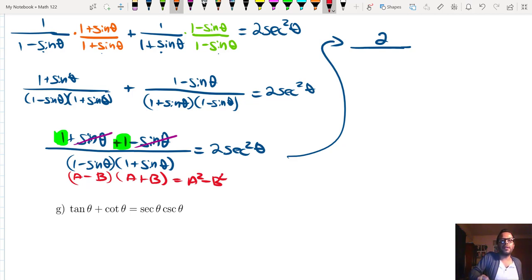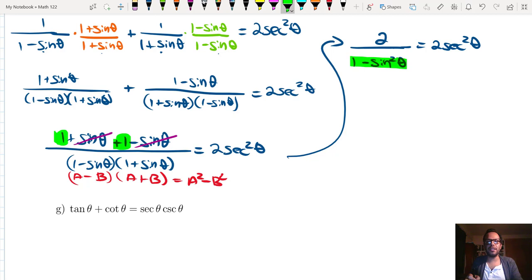So this is going to be 1 minus sine squared equals 2 secant squared theta. Now I'm going to replace this 1 minus sine squared with the Pythagorean identity. 1 minus sine squared is the same as saying cosine squared theta.